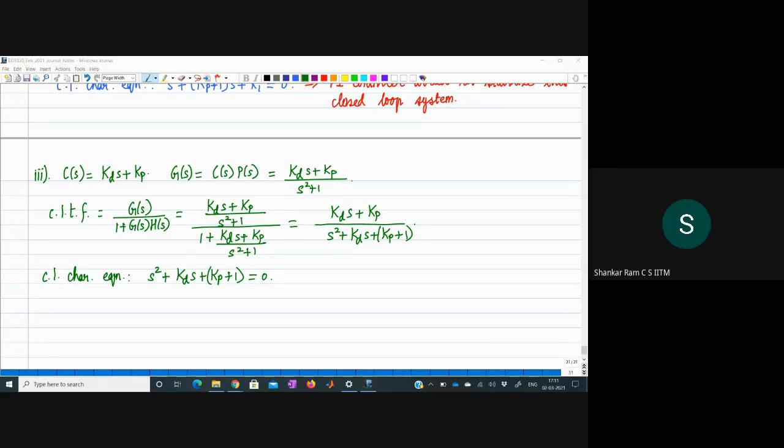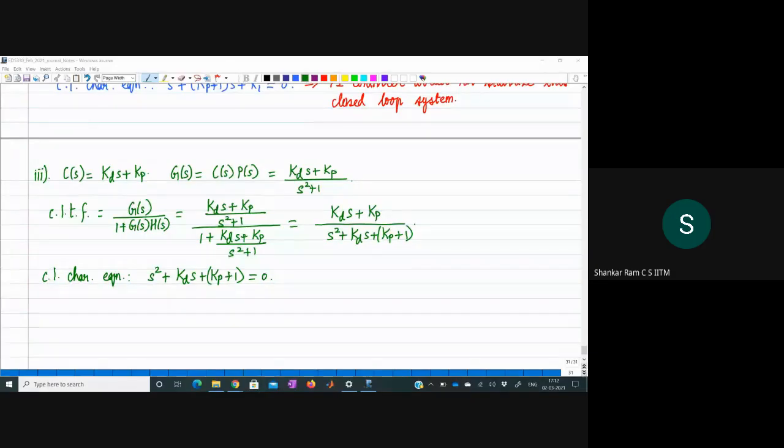We learned yesterday that for polynomials up to order 2, the coefficients must be non-zero and of the same sign. So that's something which we need to remember.